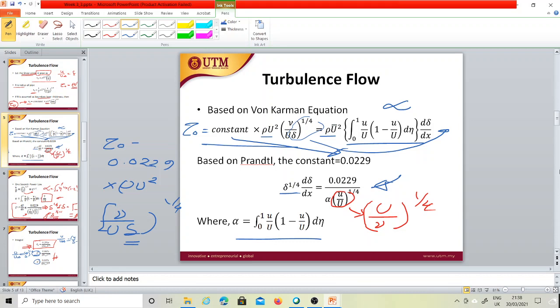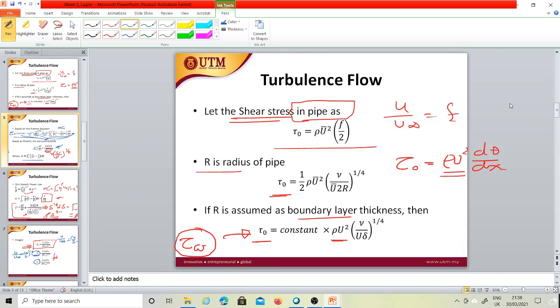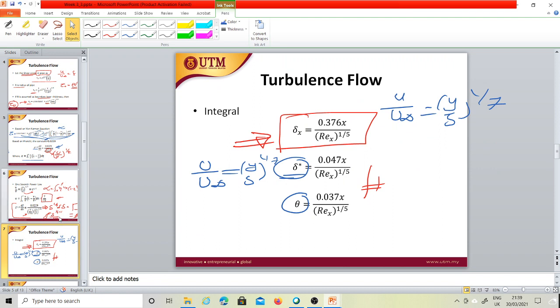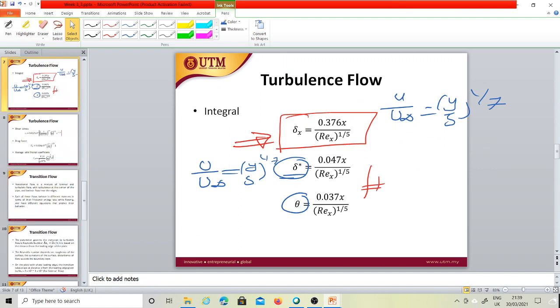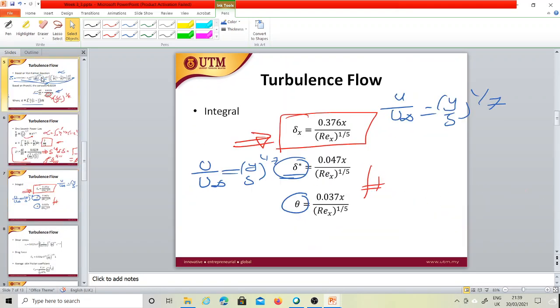The value of delta in this case is 0.376x divided by Re_x to the power 1 by 5.